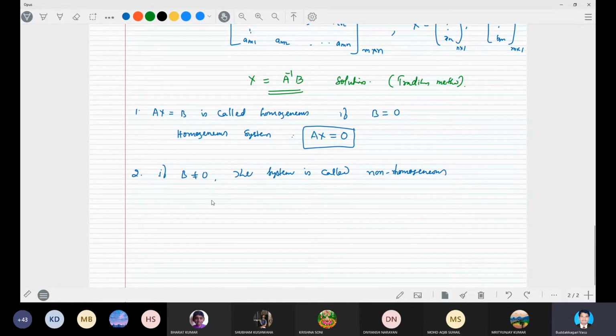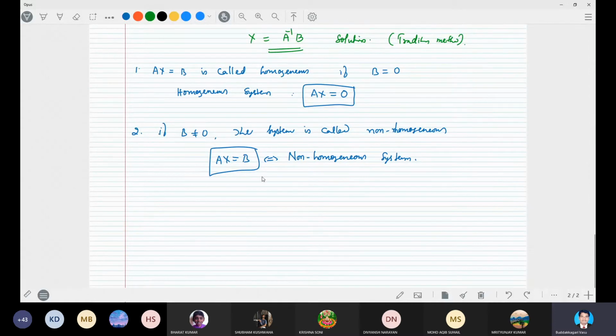That is, the non-homogeneous system is AX is equal to B, where B is non-zero. Okay, good. This is a homogeneous system, this is a non-homogeneous system, right?